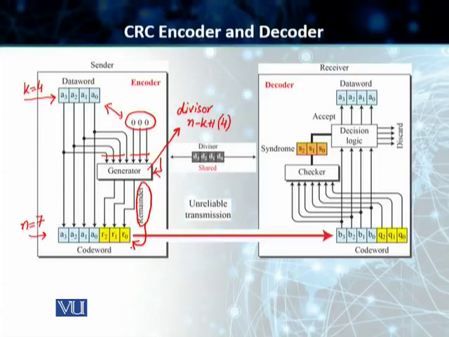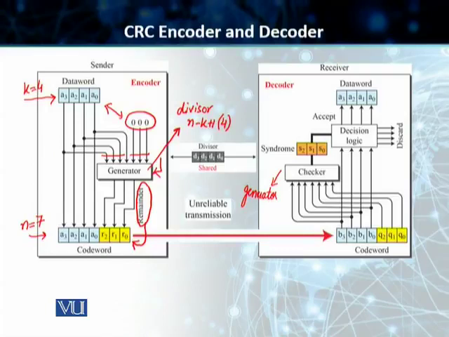Now, students, on the decoding side, we receive the code word and we are assuming that this code word may be corrupted on the way to the receiver. So a copy of all these n bits is fed into a checker on the receiving end. Students, this checker is nothing but a replica of the generator that we used at the sending end.